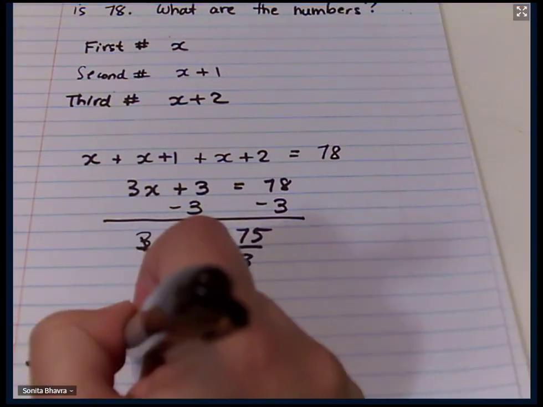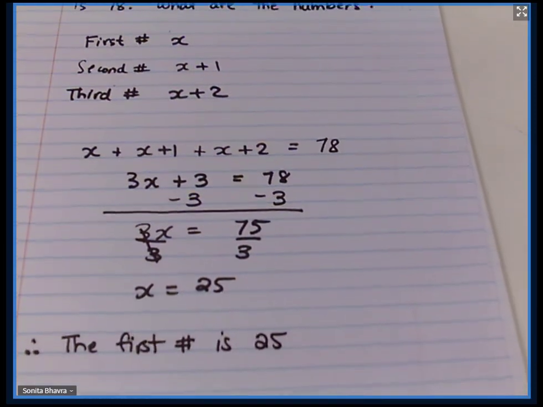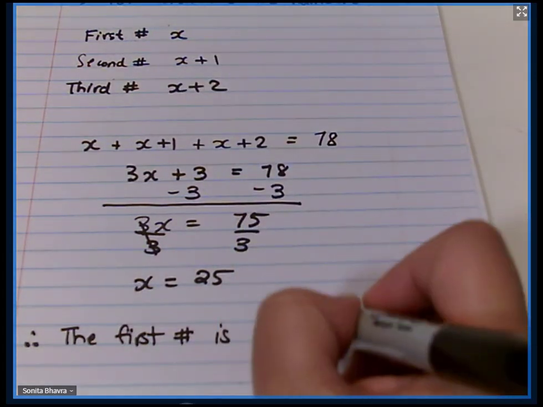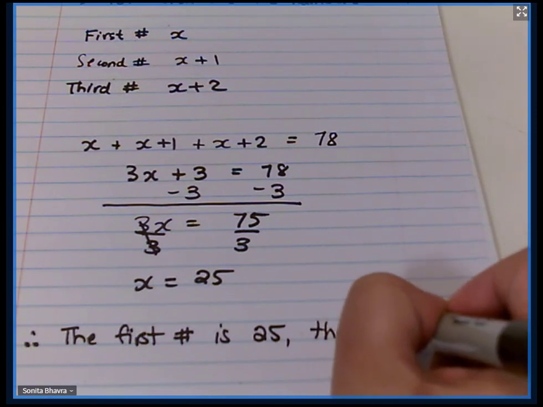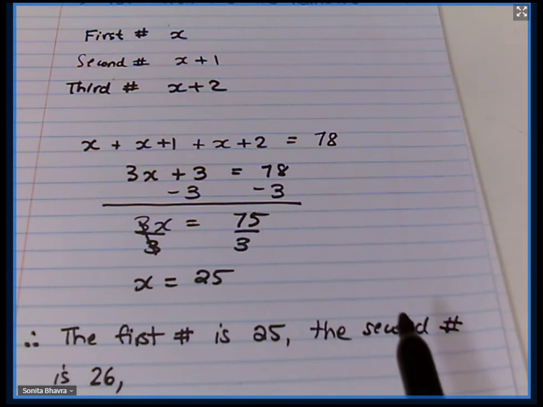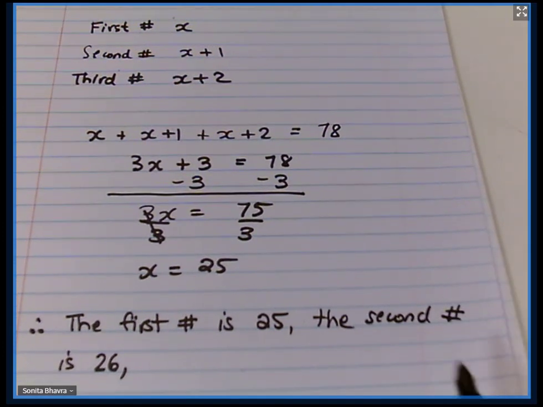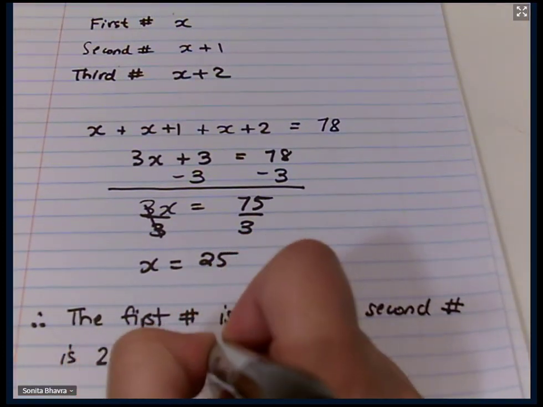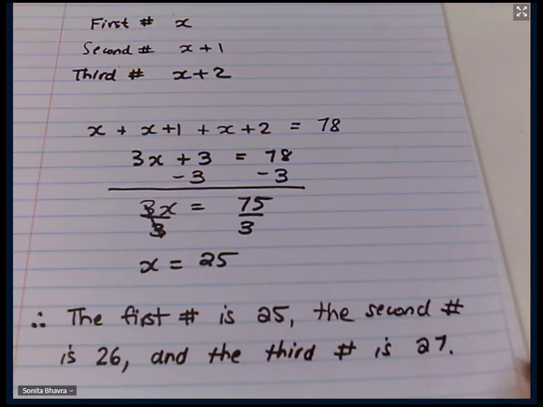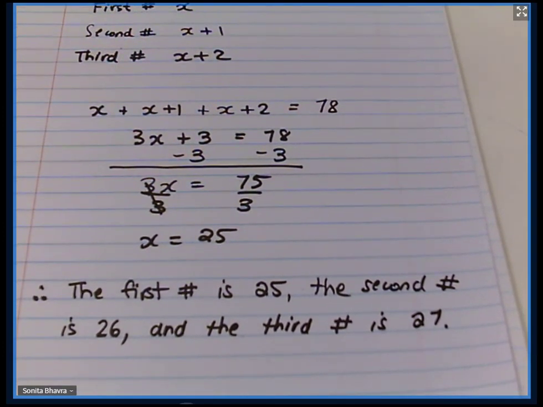Therefore, the first number is 25. The second number is going to be 25 plus 1, which is 26. And our third number is going to be x plus 2, so 25 plus 2, which is 27. So 25, 26, and 27 are the three consecutive numbers.